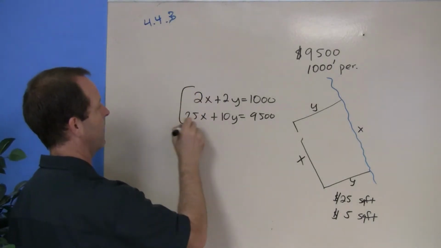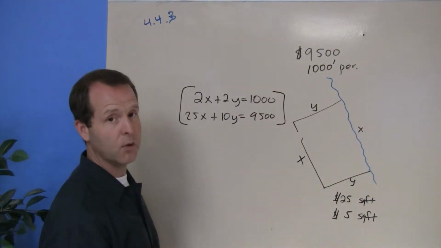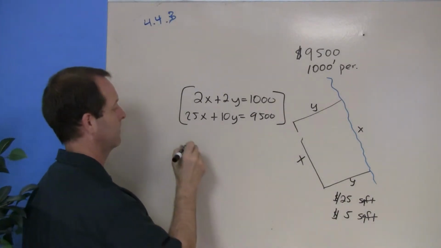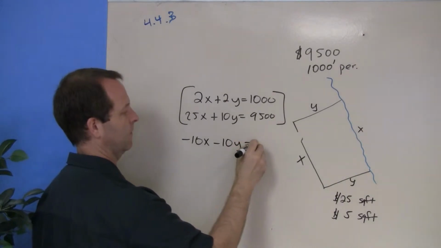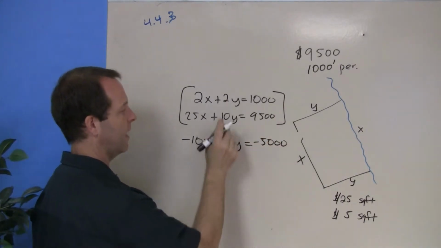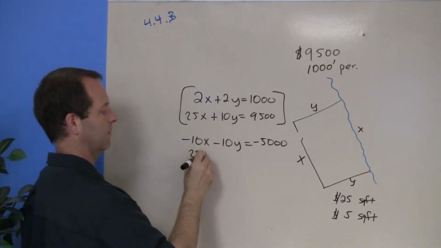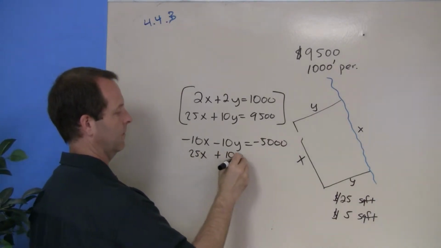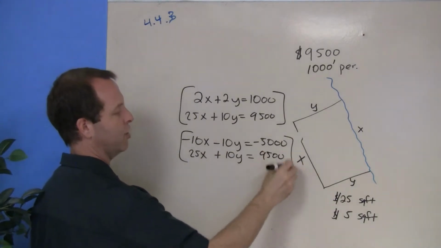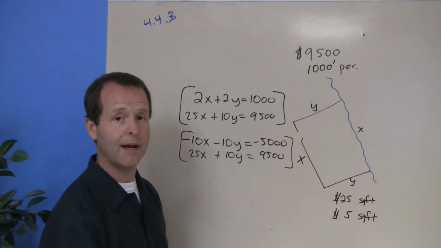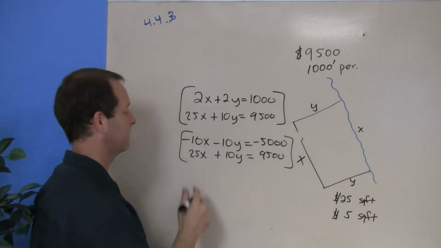So in order to do that, I'm going to multiply the top equation by -5. Keep the second equation the same. I put my brackets just to protect my system so I'm able to look at my work and understand what I'm doing.